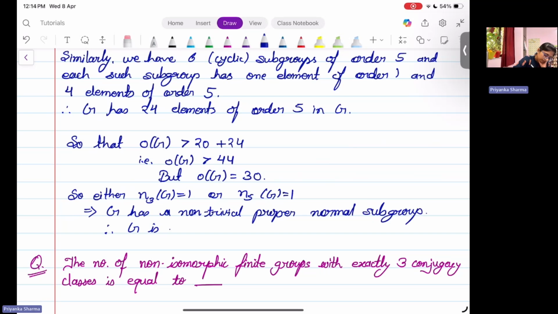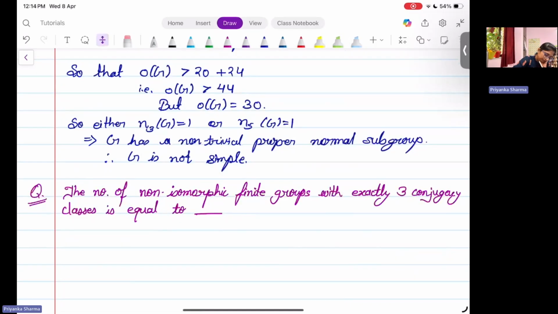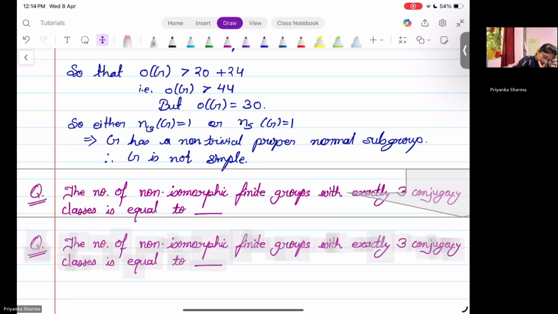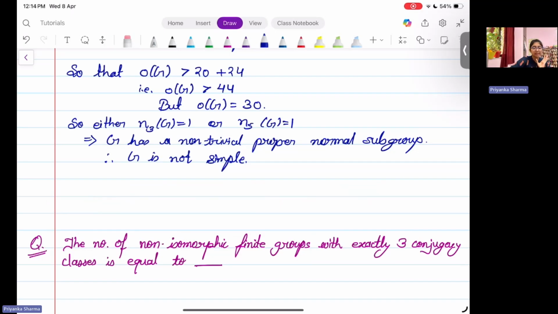Therefore, G is not simple. So whenever a group of order 30 is given to us, irrespective of whether the group is abelian or not, the group cannot be simple. So the given statement is false.